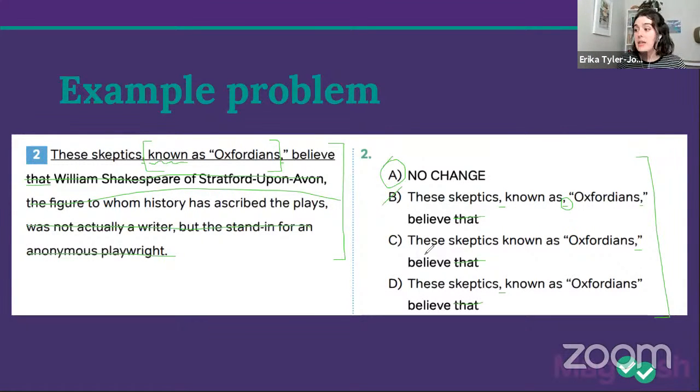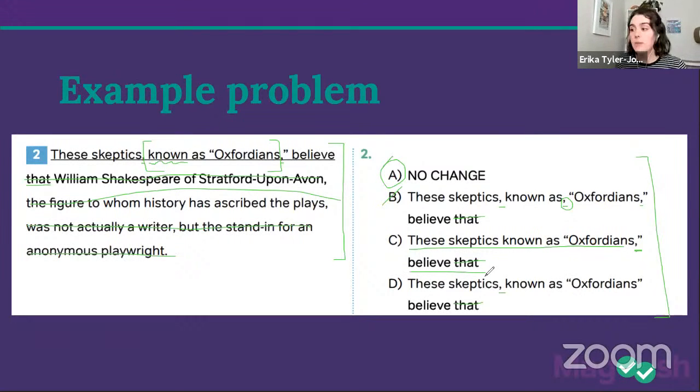B is not correct. C only leaves one comma. Well, that's very strange, right? If our modifier is known as Oxfordians, it needs to be set off with a comma on both sides. Having one comma means that our modifier is either these skeptics known as Oxfordians or believe that blah, blah, blah.